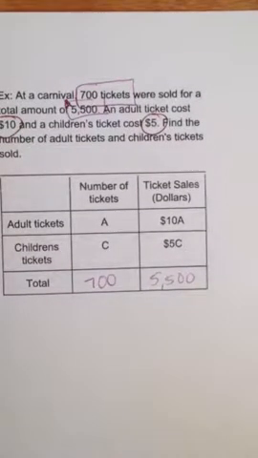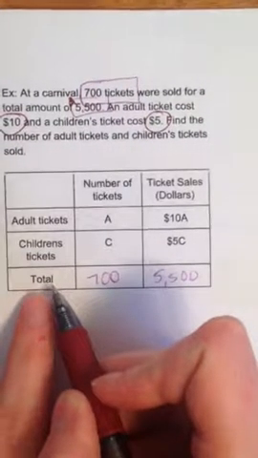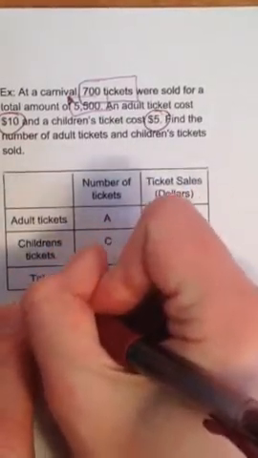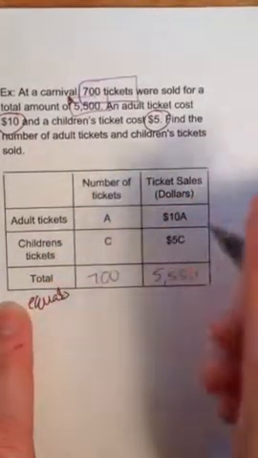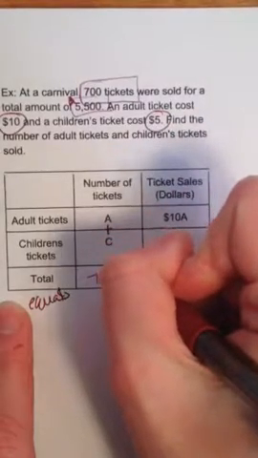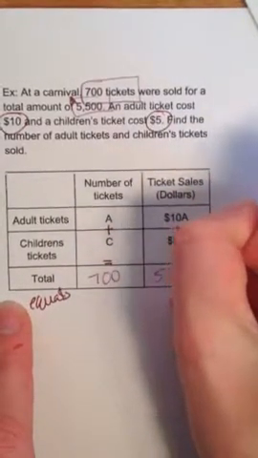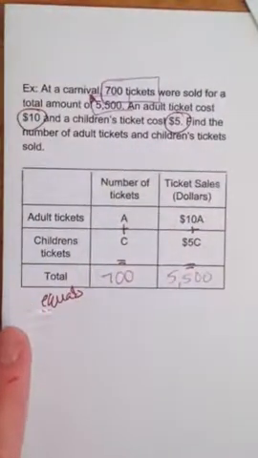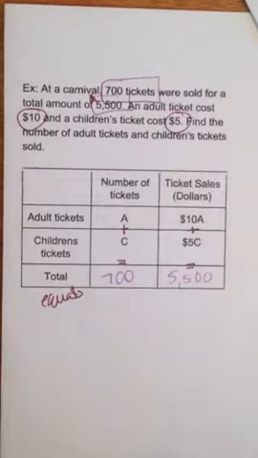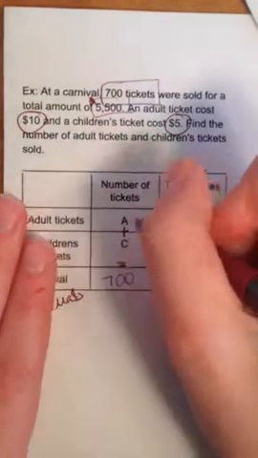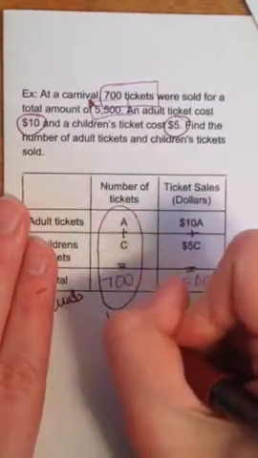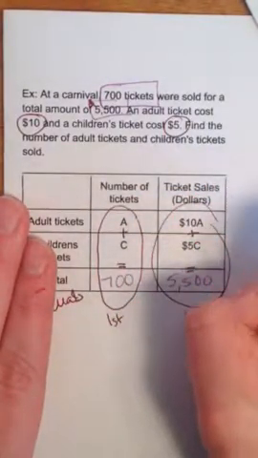Okay, so now if you look at this column, the total means equals, right? So basically if I do A plus C equals 700 and 10A plus 5C equals 5,500, I have two equations, right? So basically this is my first equation and this one's going to be my second equation.